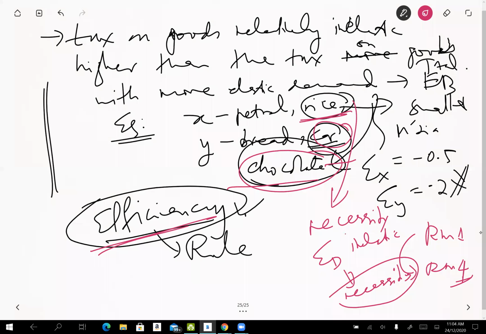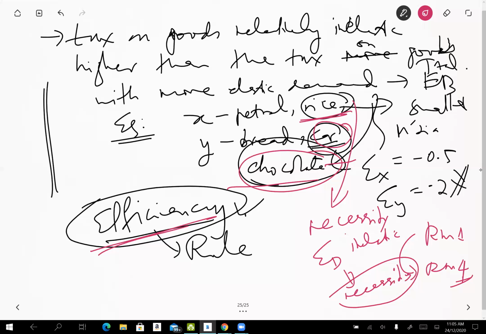Necessities means you need that to survive, like rice, water, maybe to a certain extent fish or some vegetables. So these are the necessities. And if you tax those goods 4 times higher than chocolate or cars, then you are asking for trouble.